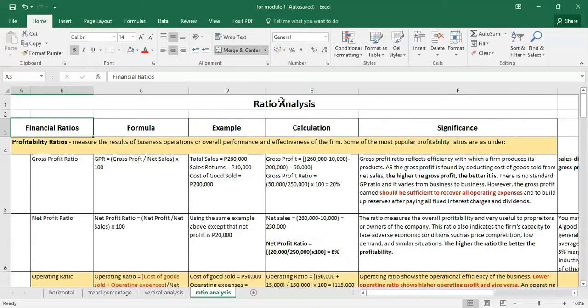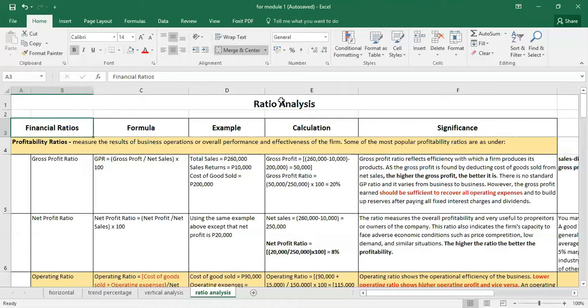A ratio is a statistical yardstick by means of which relationship between two or more various figures can be compared or measured. Ginagamit natin ang ratio para ma-compare natin yung different figures na meron ang ating financial statements. Ratios can be found out by dividing one number by the other.